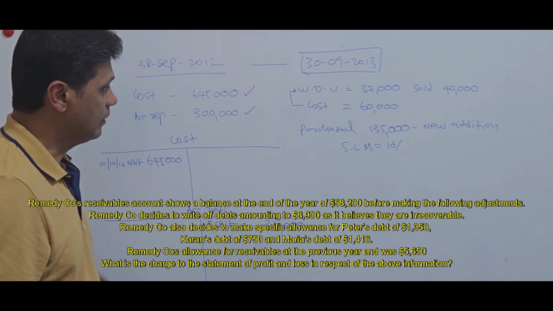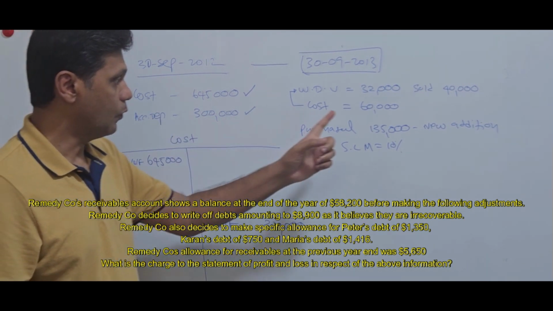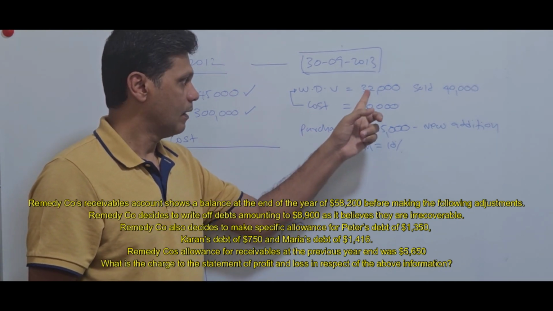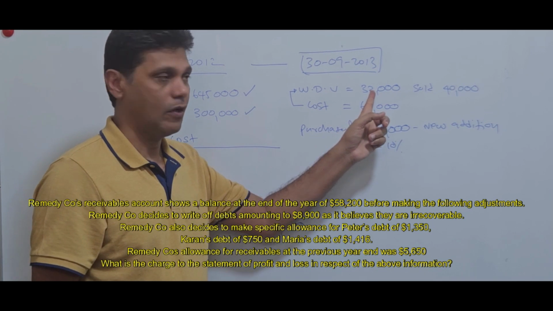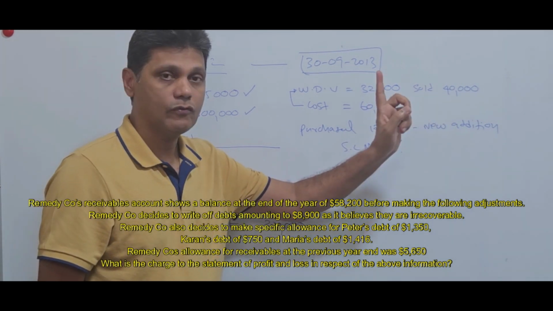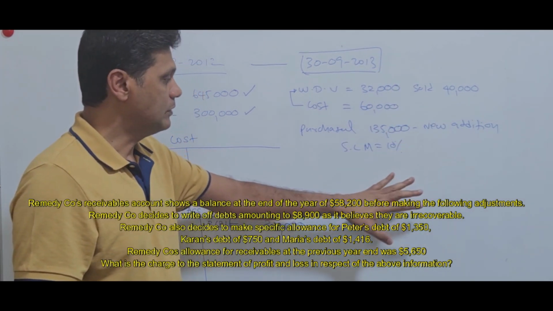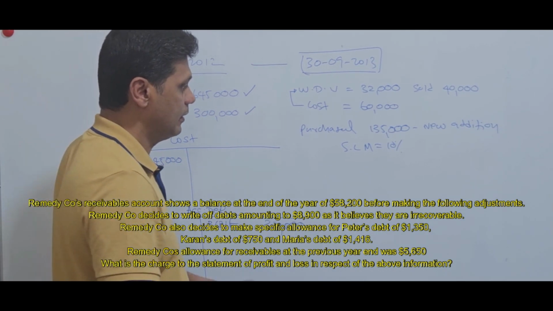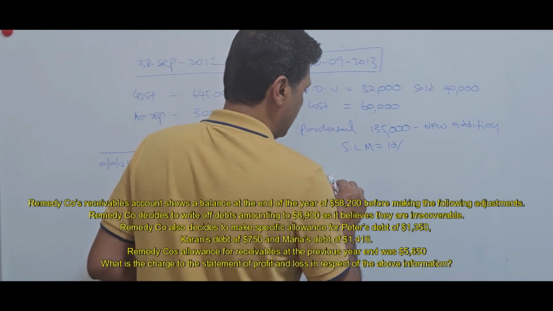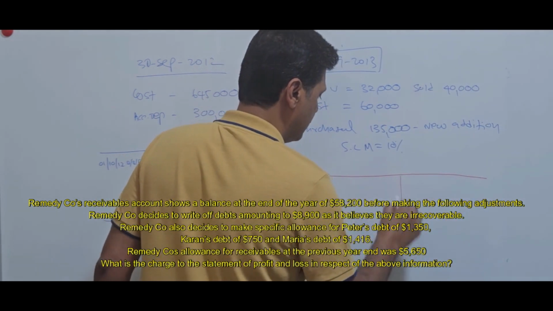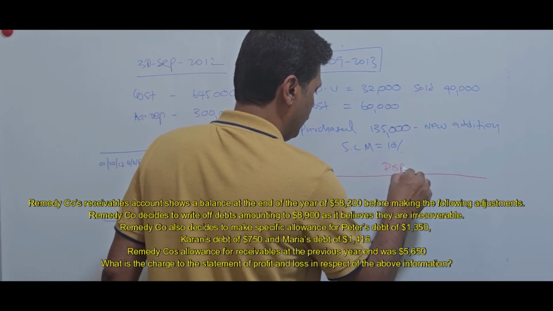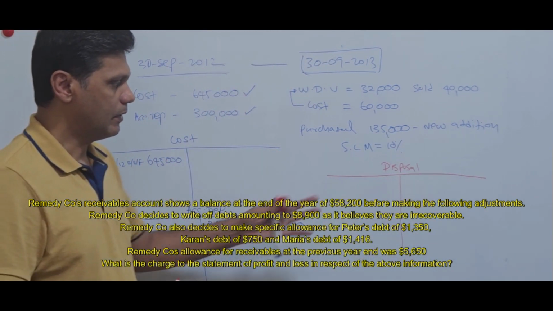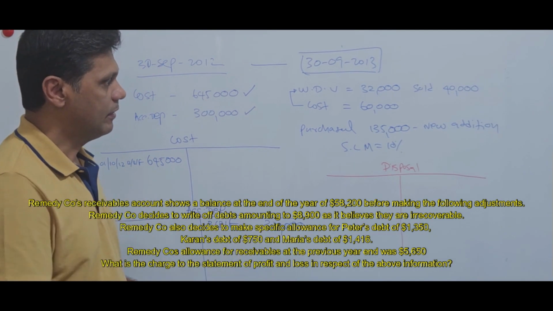Now during the year, a particular asset was sold. The cost was 60,000, the written down value was 32,000 and the sold amount was 40,000. When you sell, usually you transfer this asset to a disposal account. This is a normal way of calculating the profit, which is not required, but I will show you how to calculate that also.